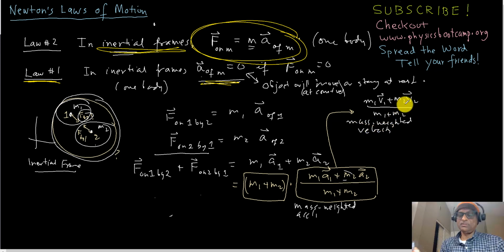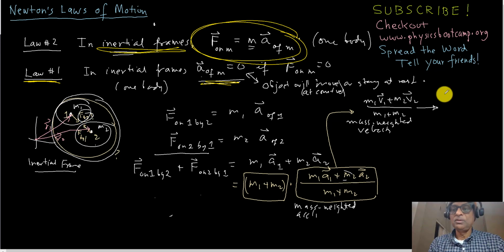It's not the velocity of any object. There are only two objects, and it's not of m1 or m2. It's not the velocity of the two together or something like that. It's just mass weighted. And if you carry this one step further and look at the positions of the two, there will be the position R1 and the position of this one will be R2.